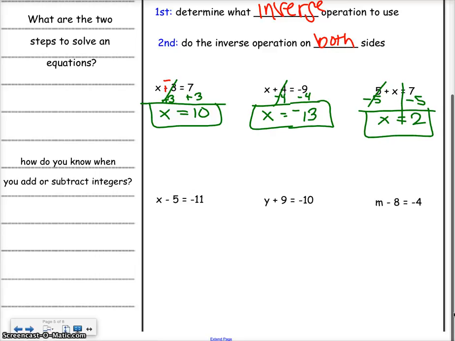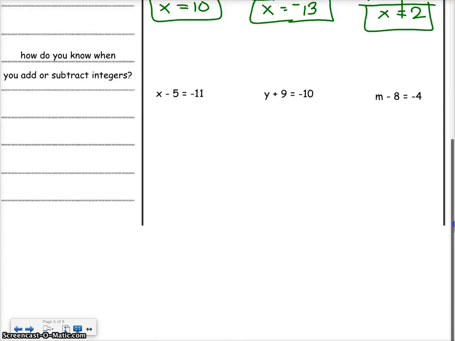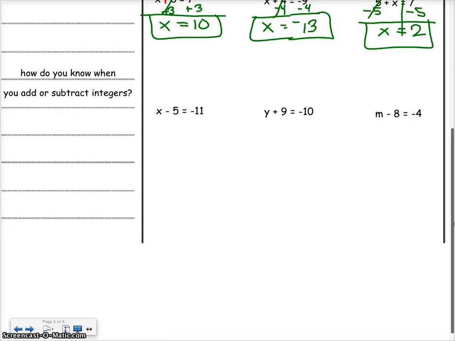Okay, next one. This is the part that's going to be just slightly different for us when we have to plus a negative. So this minus 5, you plus a negative 5. What's the inverse of negative 5? Positive 5. The inverse of negative 5 is positive 5.